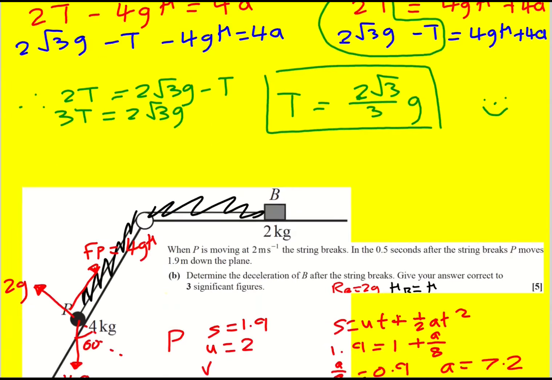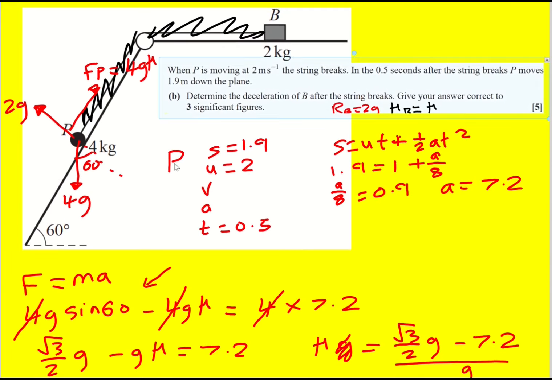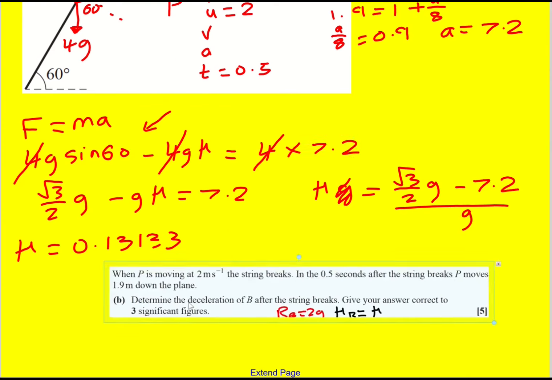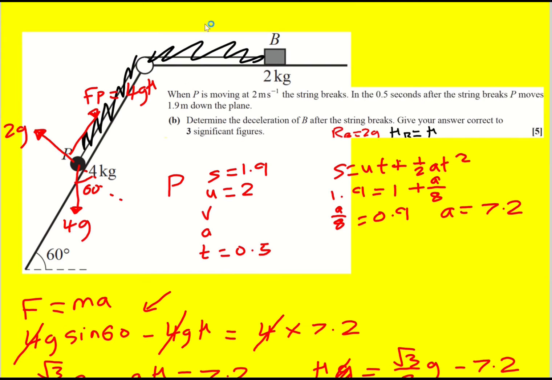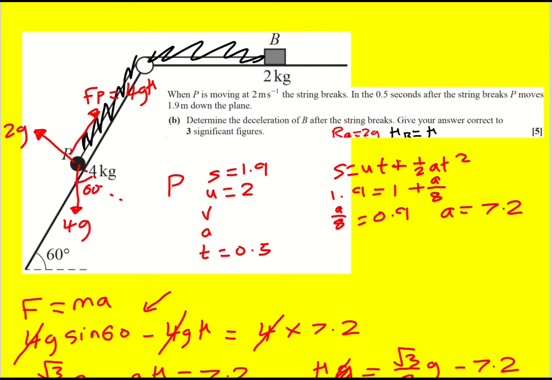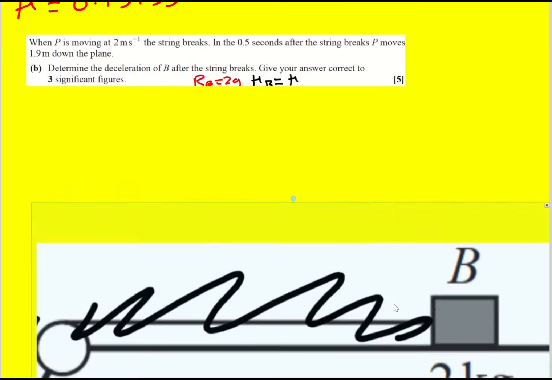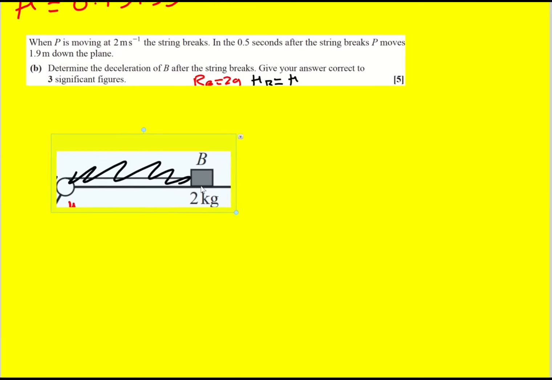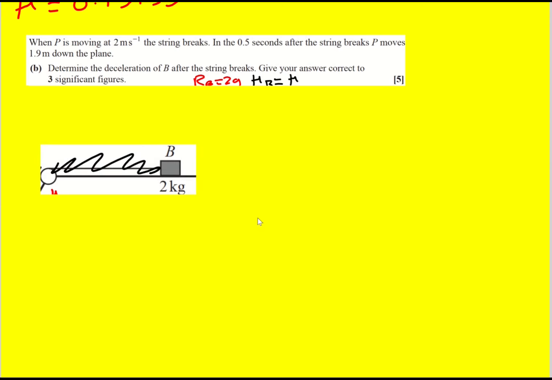Now we're not quite done because, where was it? Determine the deceleration of B after the string breaks. But now we've got the coefficient of friction. So if we focus on B, remember they're no longer attached. They're not going to decelerate at the same rates as when they were attached.